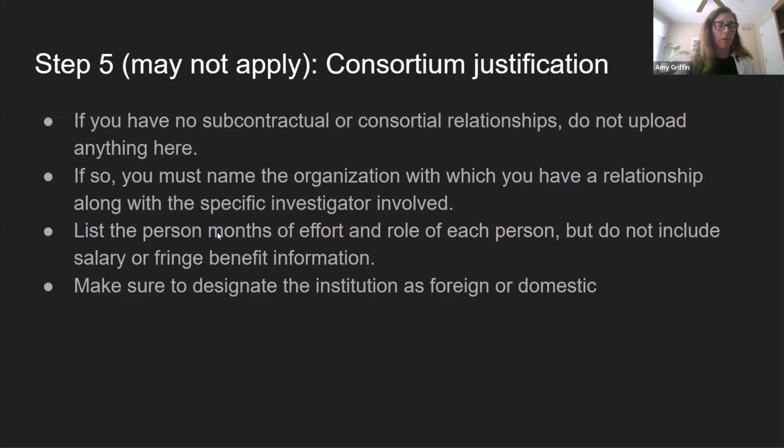You'll list the person months of effort and the role of each person, but don't include salary or fringe benefit information, similar to the personnel justification. And then you'll have to make sure to designate the institution as foreign or domestic, even if it seems obvious. It's University of Texas. You'll still need to specify this.